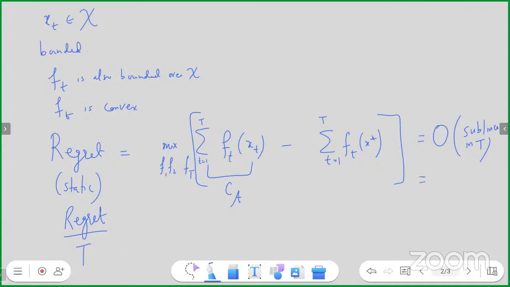What we are going to attempt is to show that this is theta of square root T. We'll show the upper bound, and I'll leave as an exercise how to show the lower bound also, that there exists a choice of functions for which you cannot do better than square root T. What I will show is an upper bound for the gradient descent algorithm.